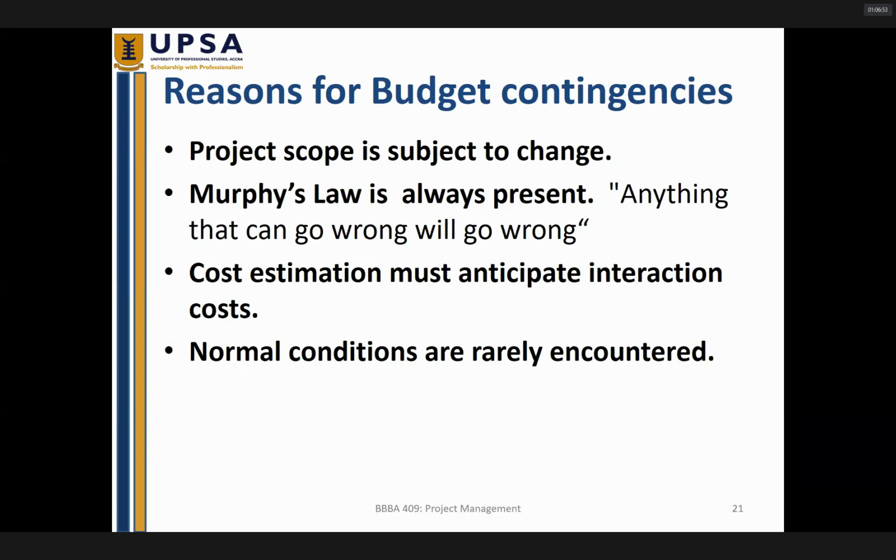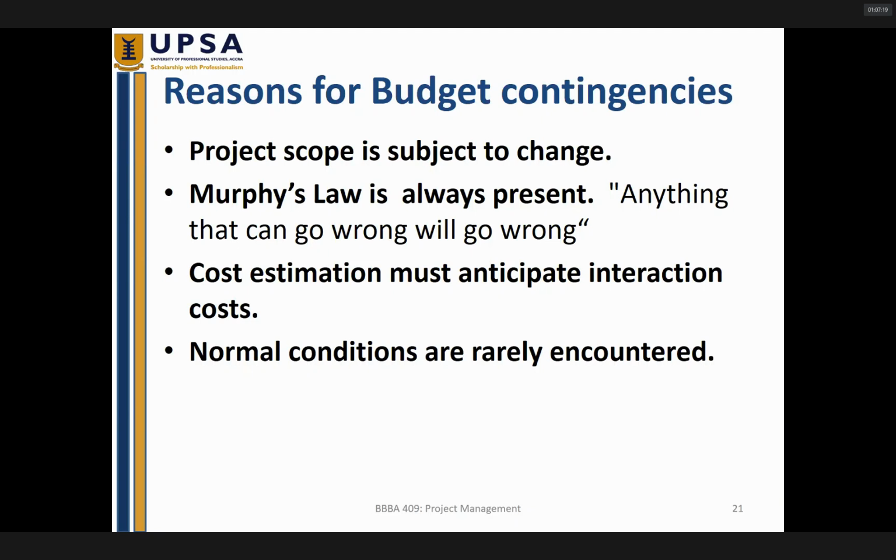Now we change our mind, or we change the project scope and say we are building a 3-bedroom house with a fence wall, for example. So how do we cater for the extra additions or the extra cost as a result of the change in the scope of the project? We rely on the budget contingency.